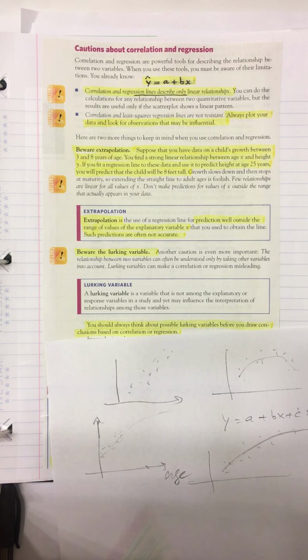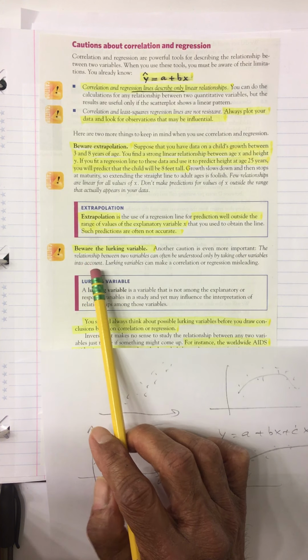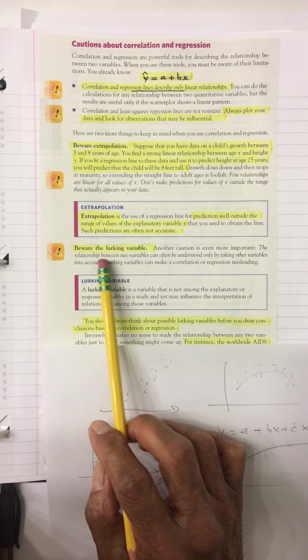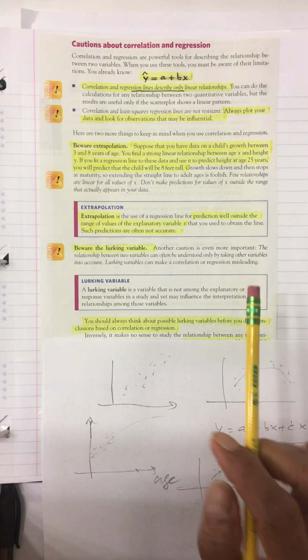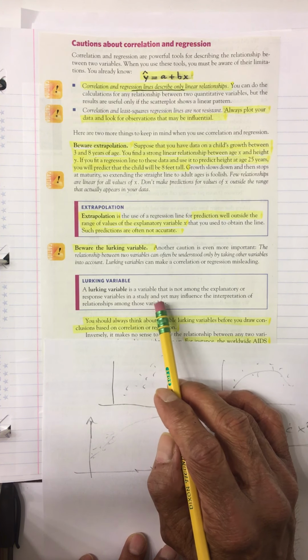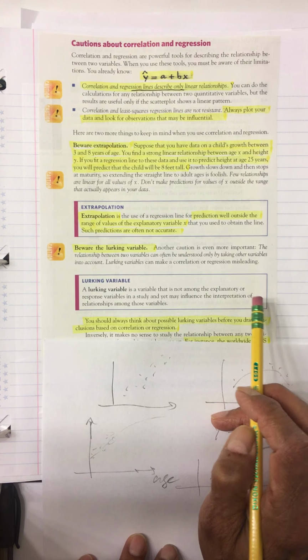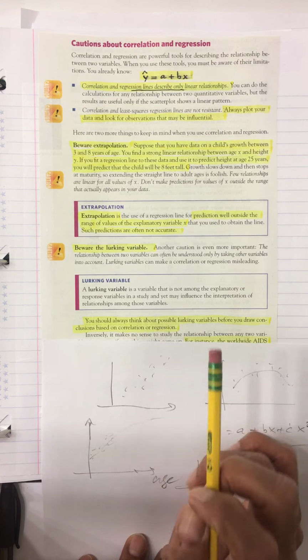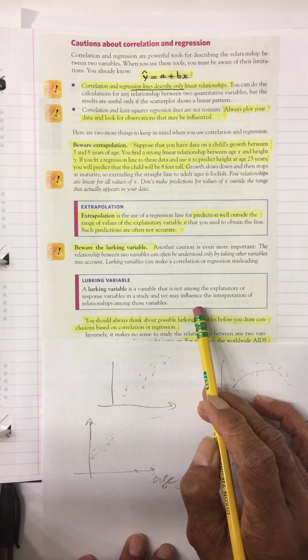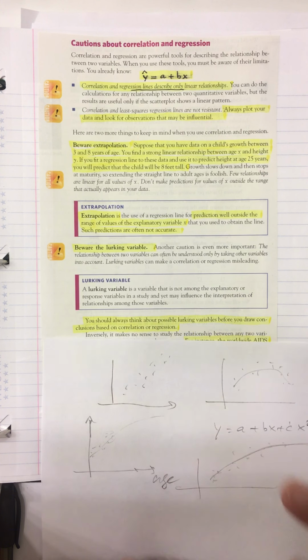The next warning is to beware of lurking variables. A lurking variable is a variable that is not among the explanatory or response variables in a study, but may influence the interpretation of the relationship among those variables.